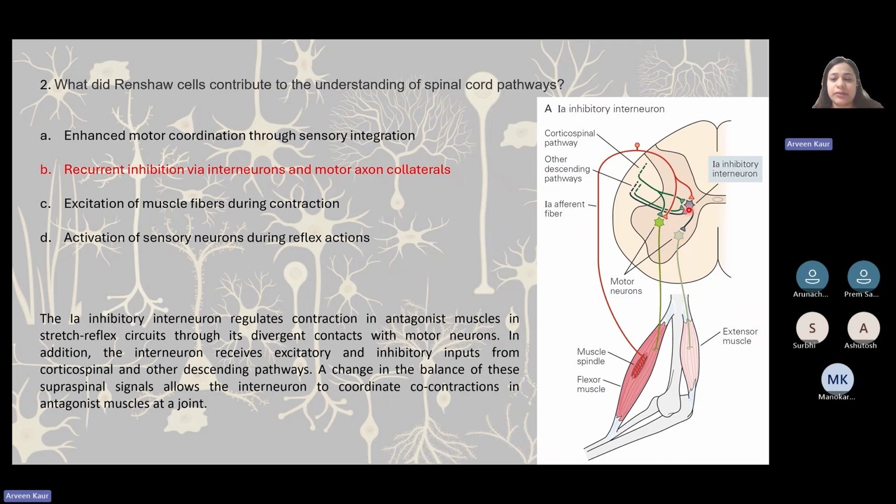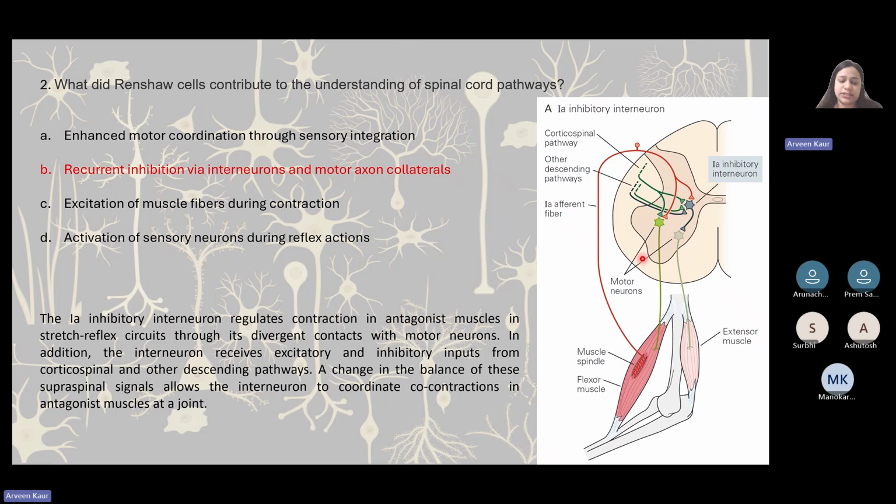So this inhibitory interneuron is always controlling the antagonist muscle response. For instance, it is there in the thigh, and it is there in the elbow also, so that one will extend, the other will flex, like that.